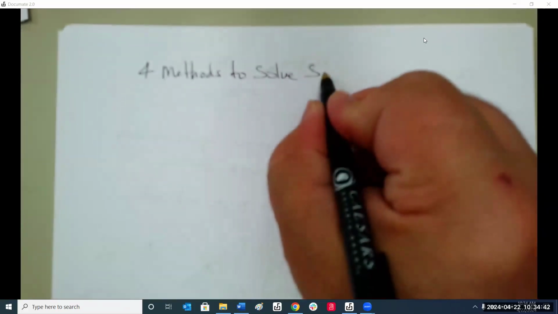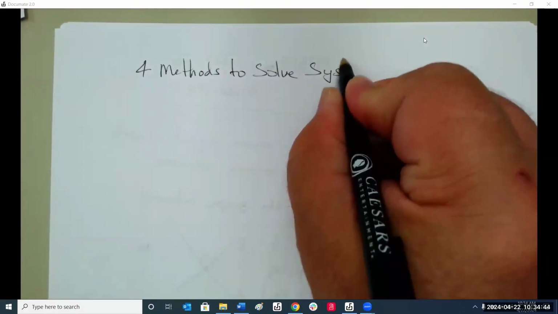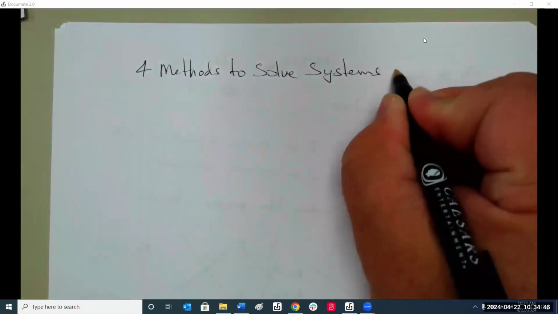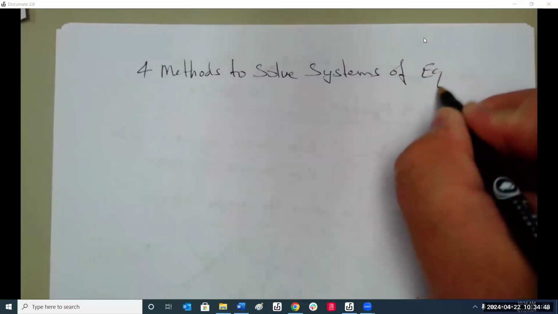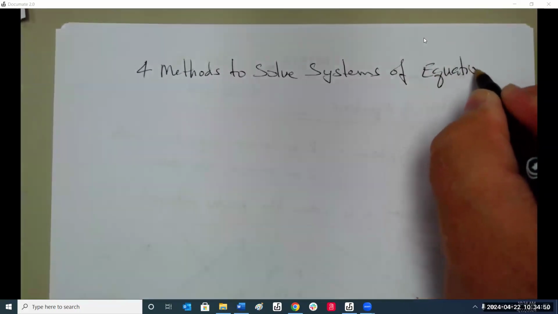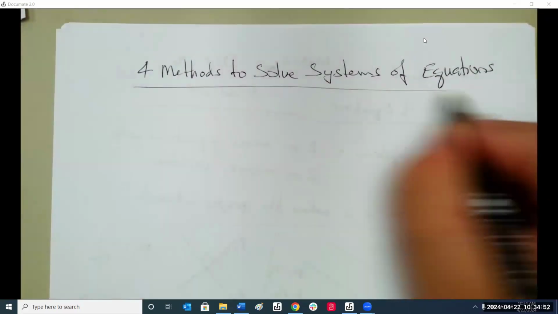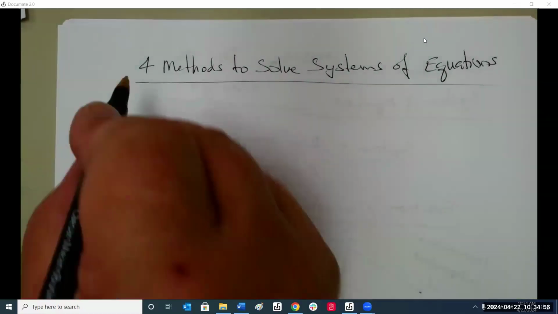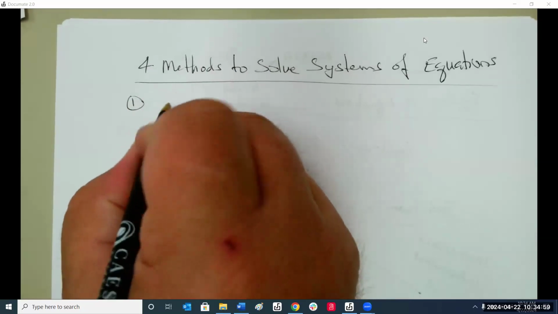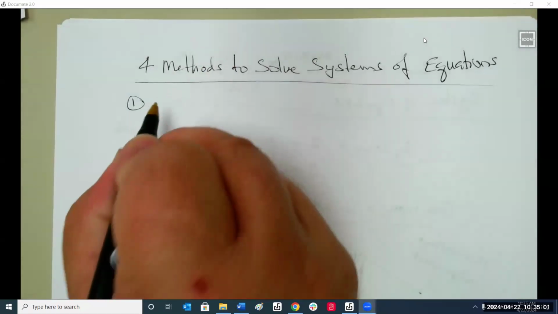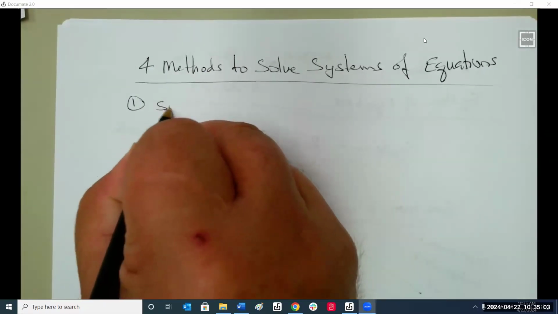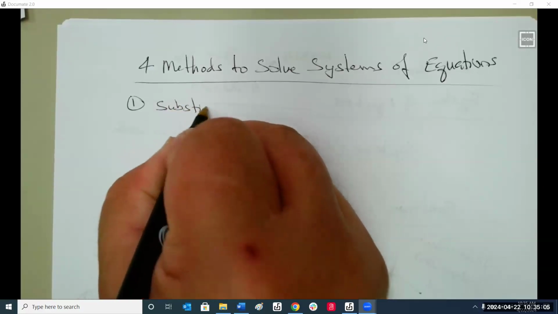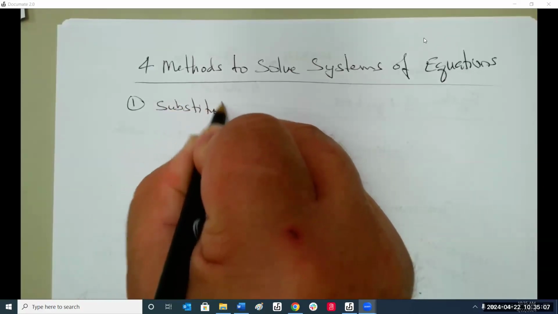There are four methods to solve systems of equations. One is substitution.